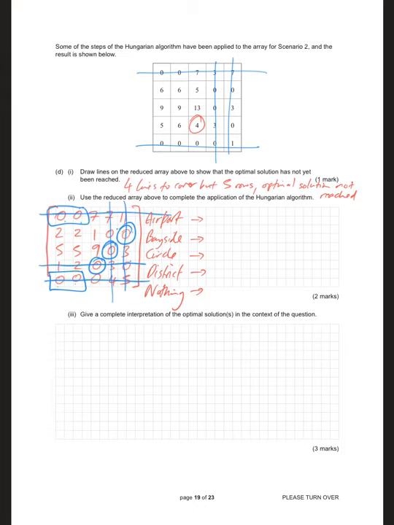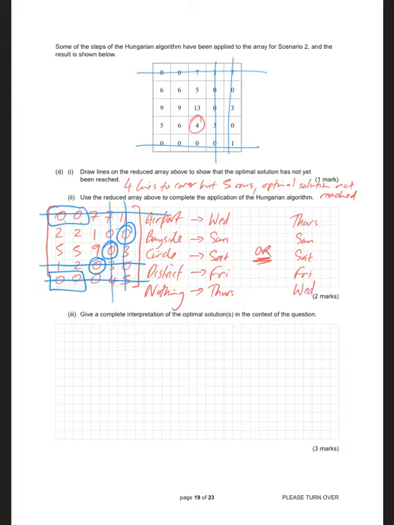Airport, it could be Wednesday, Bayside, Sunday, circle, Saturday, district, Friday, and then if airport's on Wednesday, nothing on Thursday. Or, because of the multiple optimal solutions, airport could be on Thursday, then Bayside's the same, circle's the same, district's the same because they're chosen, but nothing on Wednesday.